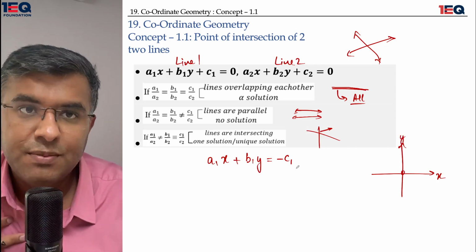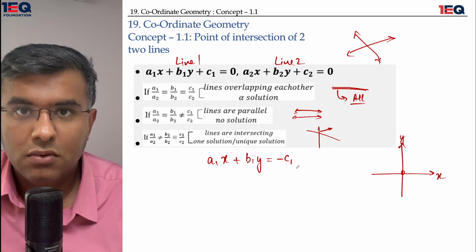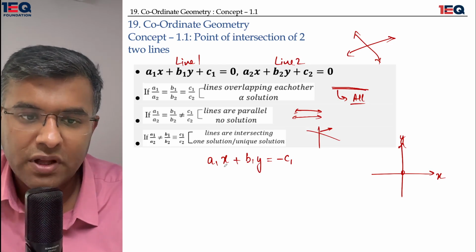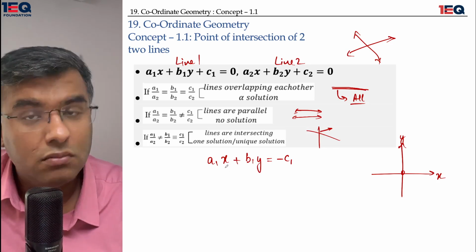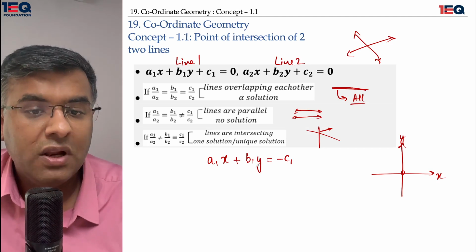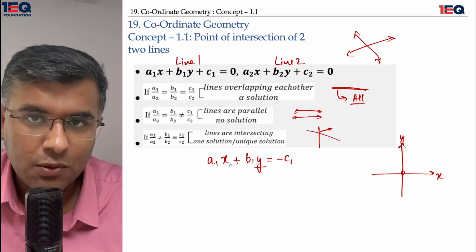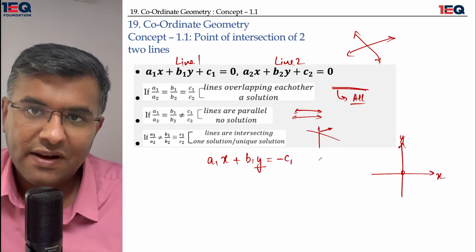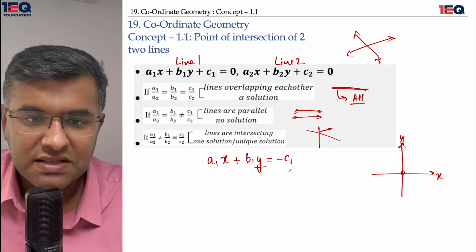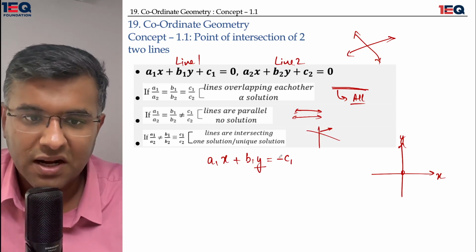Now you would ask me, how can I plot this line? The route to plot this line is to take different values of x and y. Let's say we find the values of y by putting x equal to 0 or any number. You will get different values of y and different values of x. You have to couple up both of them and then plot them on the graph.